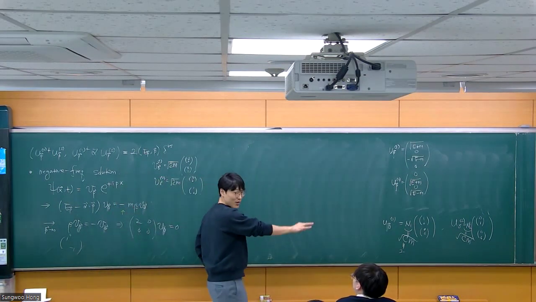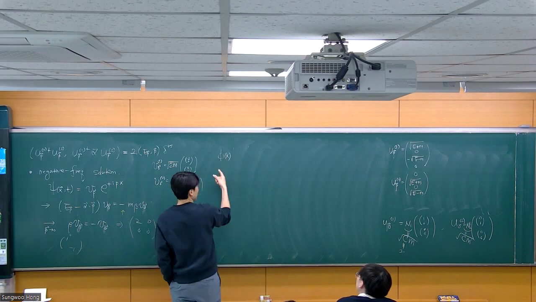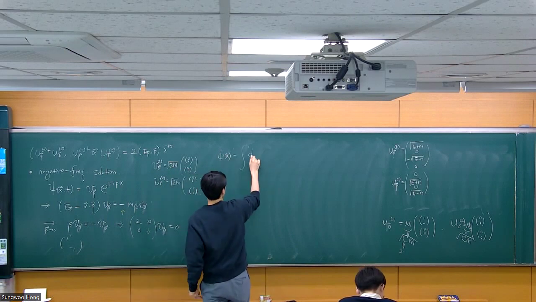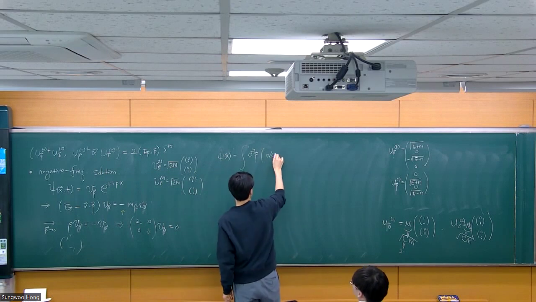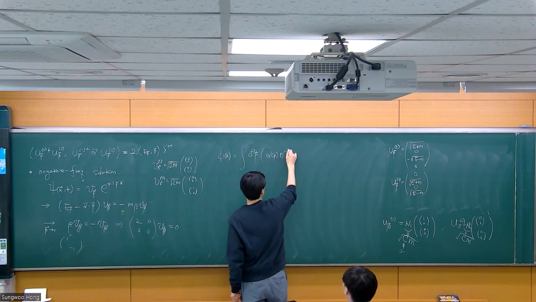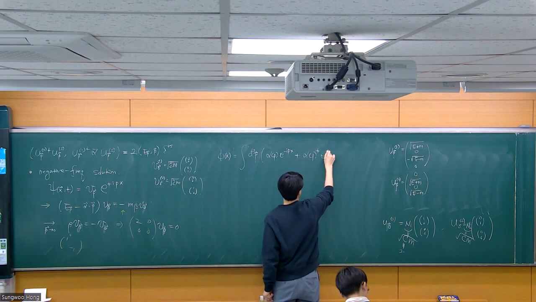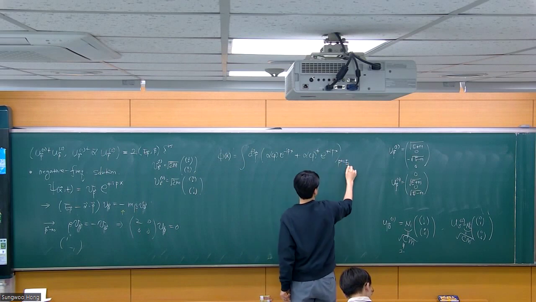Eventually we're going to quantize this theory. So let me remind you that the scalar field that we constructed last semester takes this form. The exact detail is not important, but let me just write it.